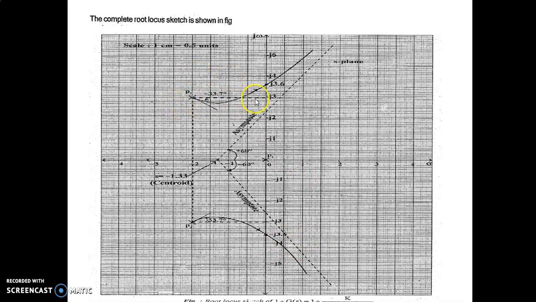In a similar way, taking minus 33.7 with the protractor, the locus should pass through the imaginary axis crossing point. At this crossing point, the corresponding gain is 52. If it crosses that, the system is unstable. So this is the complete root locus plot.